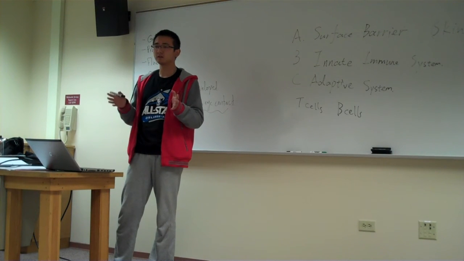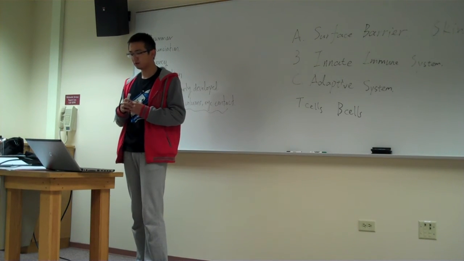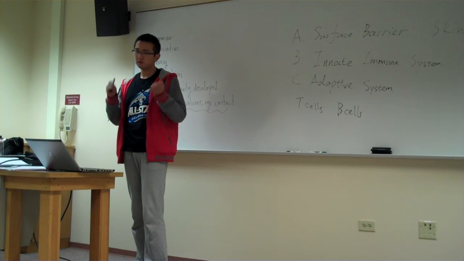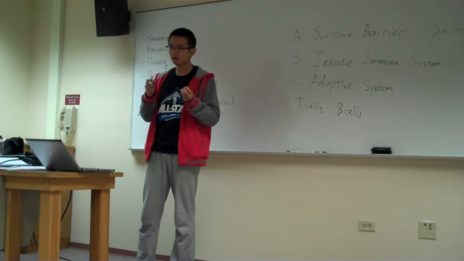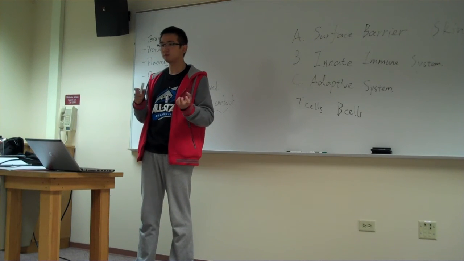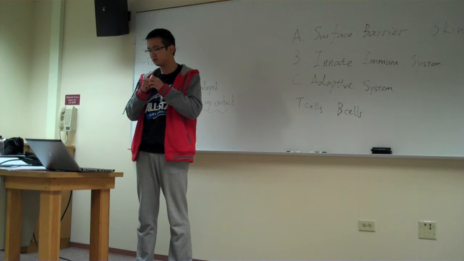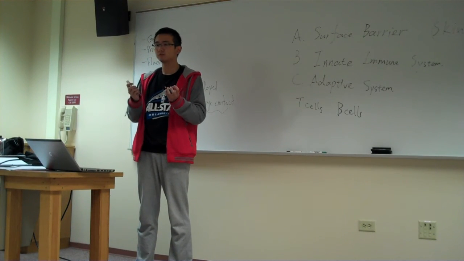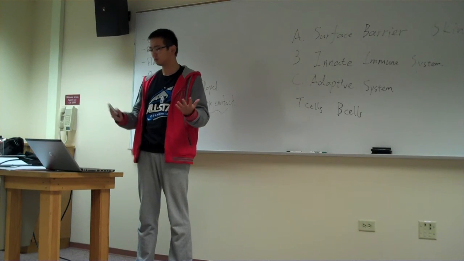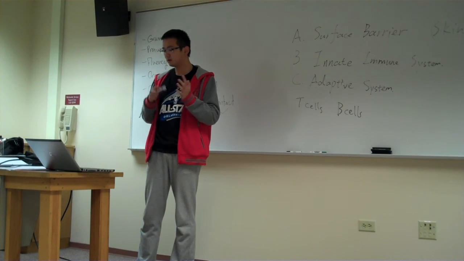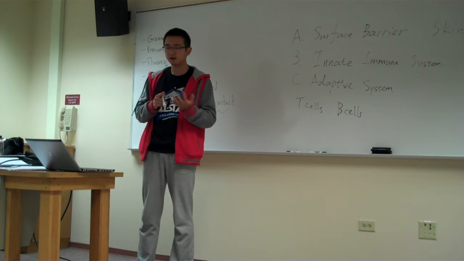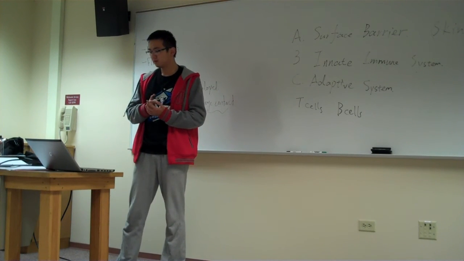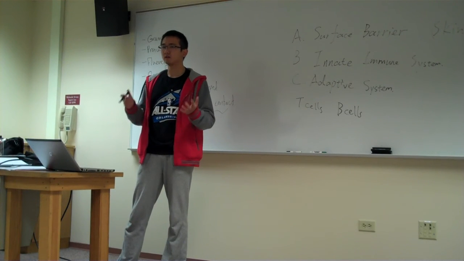They can distinguish the bacteria, and once they find the bacteria, they will divide. They will divide into two, four, eight, and after they are activated by the T cells, they can produce millions of copies of the antibodies.